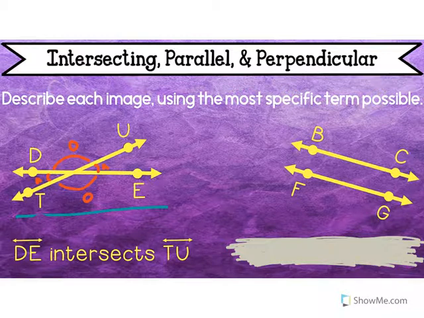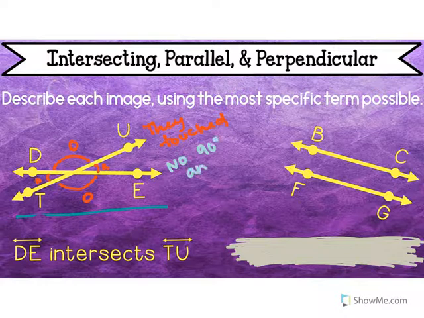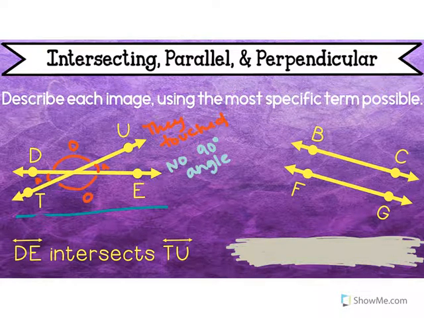Okay? So these are intersecting because they wouldn't be parallel because they touched, right? They wouldn't be perpendicular because there's no 90-degree angle or right angle in there.